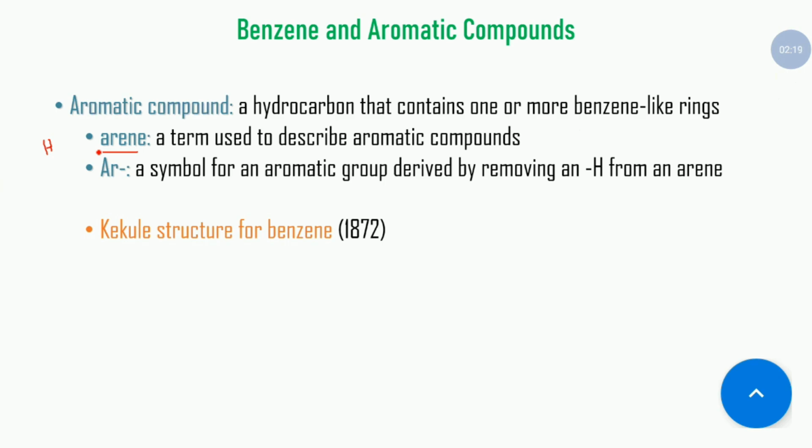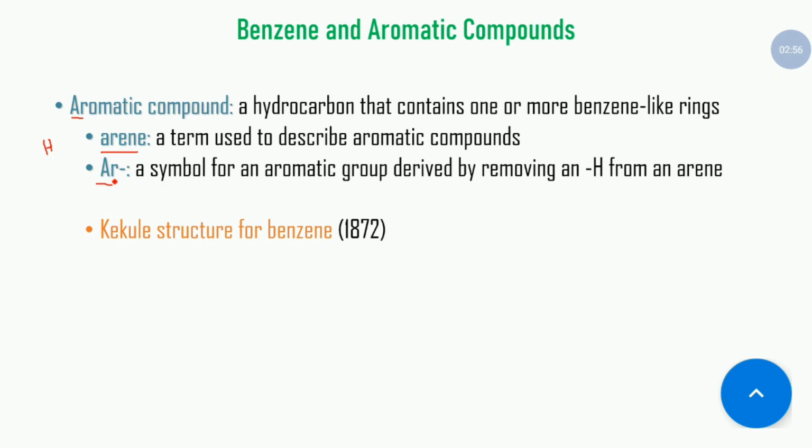This functional group, the aromatic group, is represented by the symbol Ar. This Ar symbol comes from the aromatic compound, which is also called an arene. So if a hydrogen is removed from an arene, it becomes a functional group referred to by the symbol Ar.